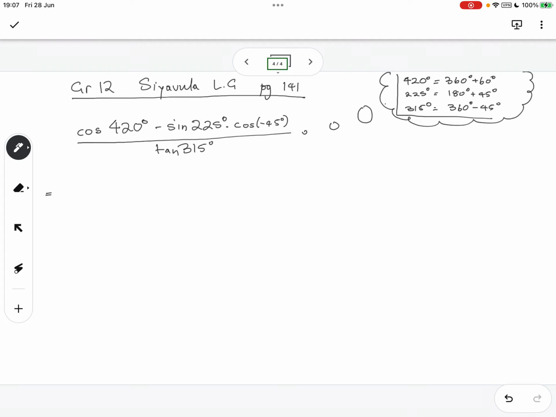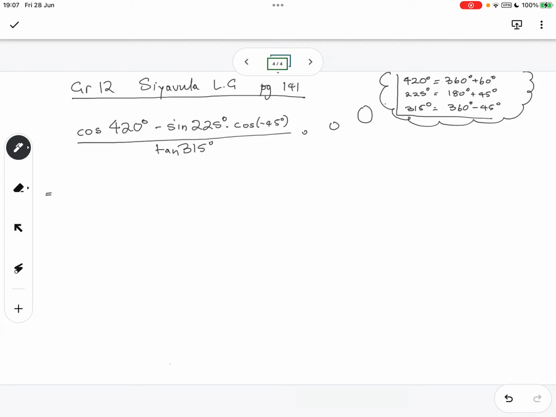I would say compound angles because we're gonna get into that. So this problem is a grade 12 problem, but it's more a revision exercise. So we were simplifying the angles 45, 225, and 315 so that we can simplify the trig ratios and then get to an answer.